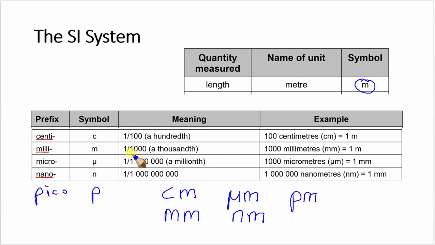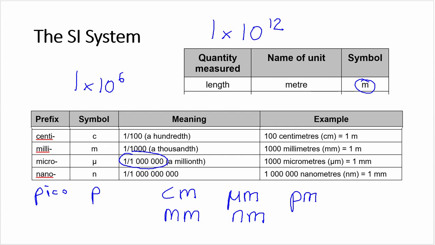So one way we could write this number, 1 million, is 1 times by 10 to the power of 6. Picometer therefore would be 1 times 10 to the power of 12.